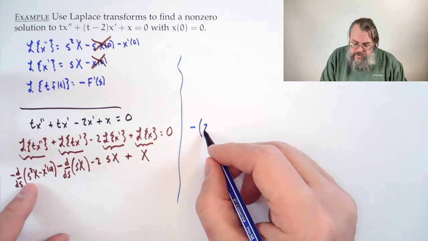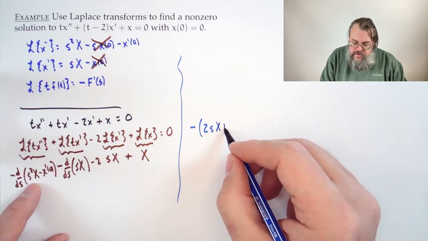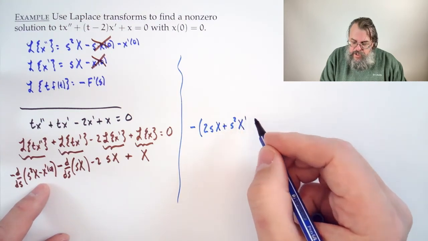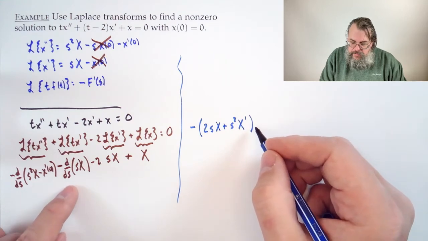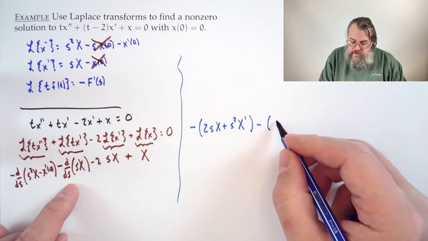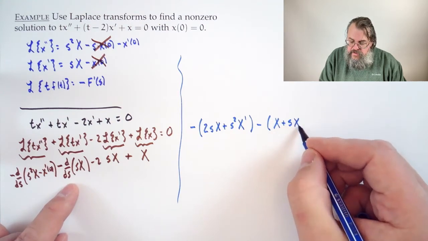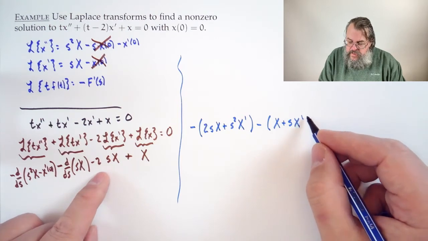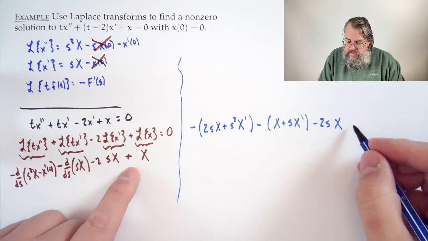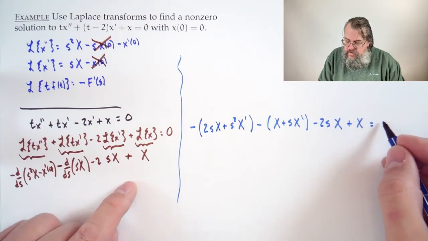So the derivative of the first times the second plus the first times the derivative of the second, capital X prime. Minus, again, product rule. Derivative of the first, 1, times the second, plus the first times the derivative of the second. And then minus 2s capital X plus capital X equals 0.